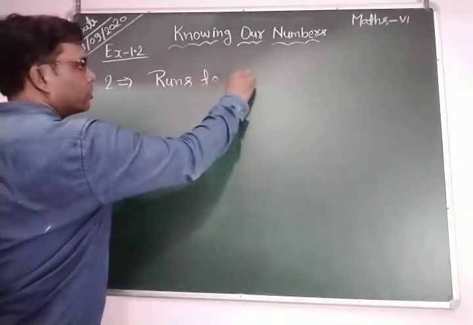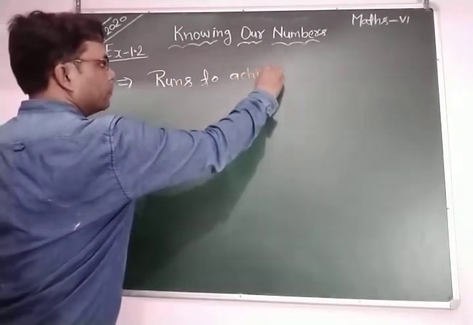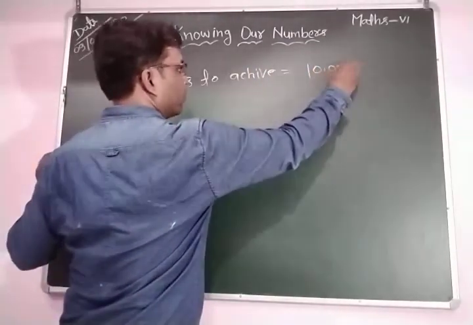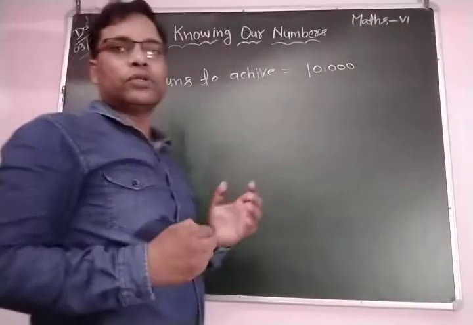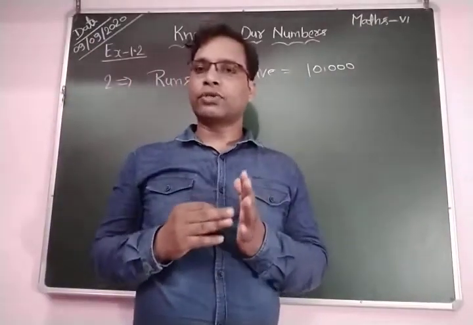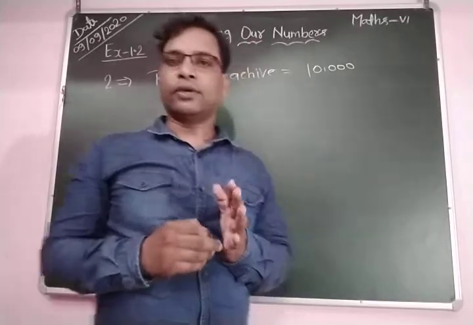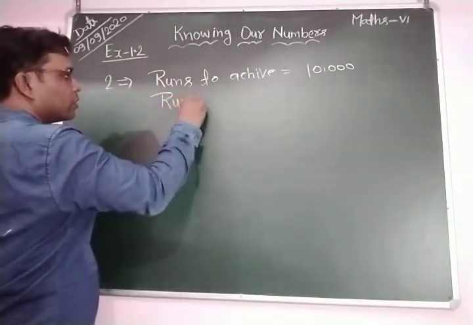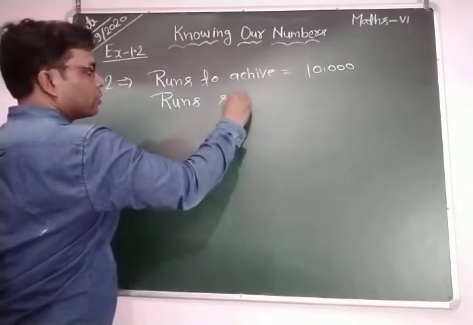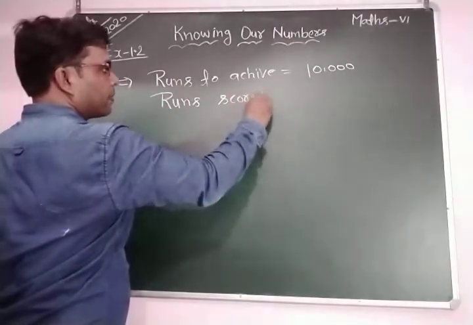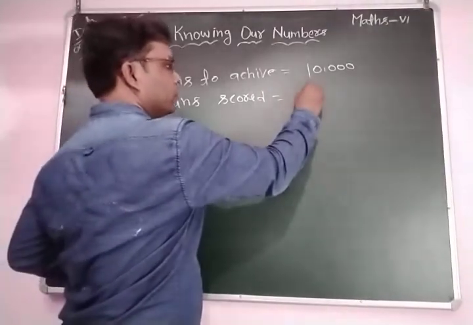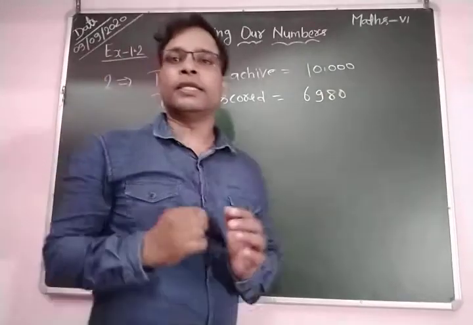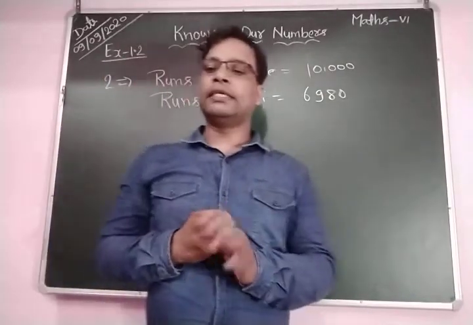Now after this we write runs scored by Sekhar. Runs scored by Sekhar is equal to 6,980.